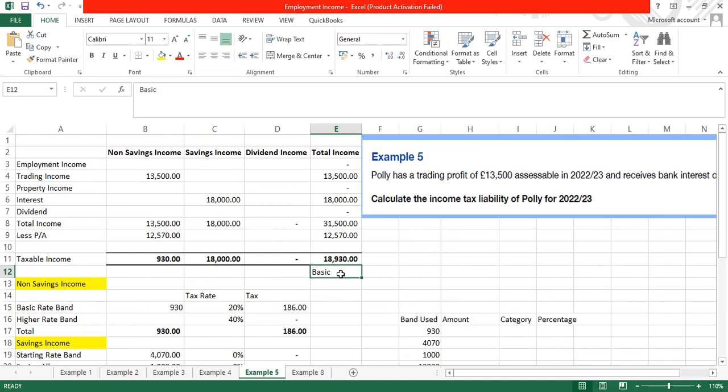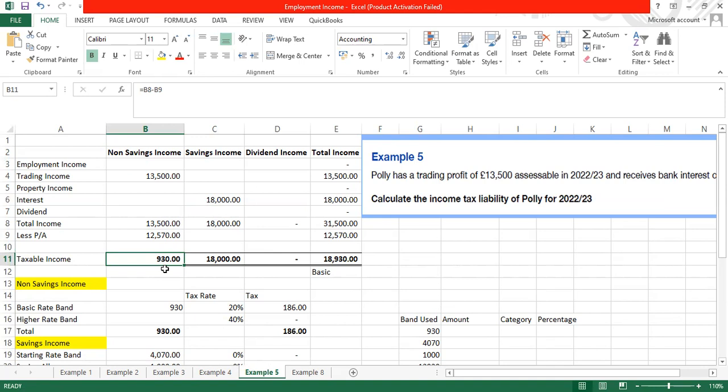The very interesting thing here is non-savings income is less than 5,000 pounds. So if the non-savings income is less than 5,000 pounds, it means the 5,000 starting rate band is available.